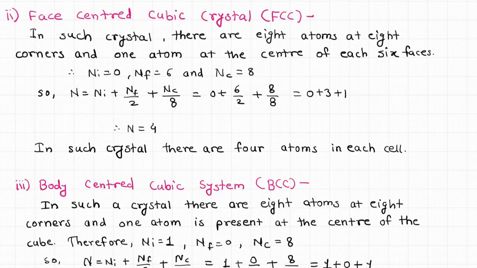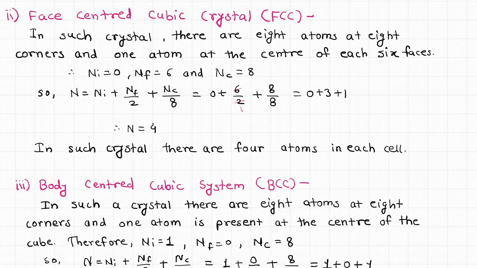Next is the face-centered cubic crystal. In such a crystal, there are 8 atoms at 8 corners and 1 atom at the center of each of the 6 faces. So, here Ni is 0, Nf is 6 and Nc is 8. So, N is equal to Ni plus Nf by 2 plus Nc by 8, which is equal to 0 plus 6 divided by 2 plus 8 divided by 8.